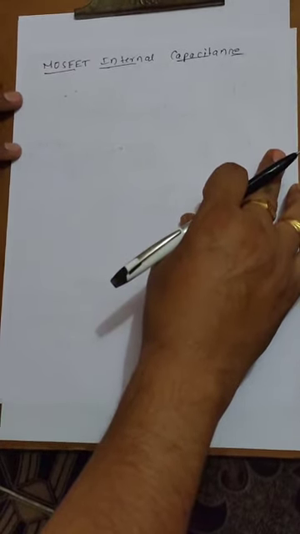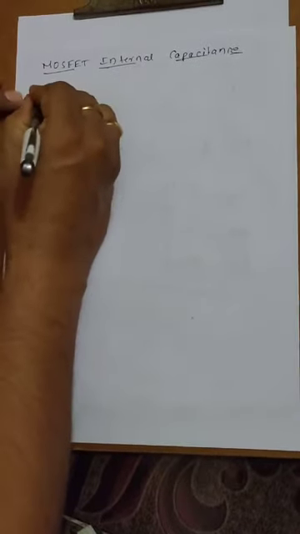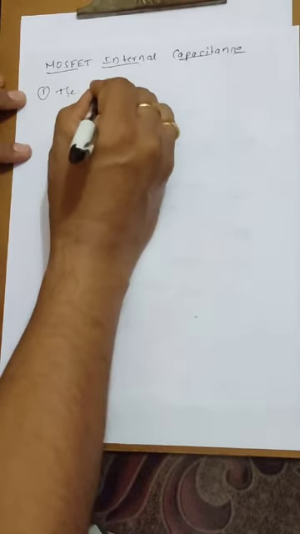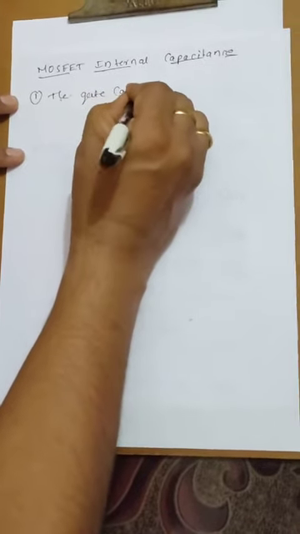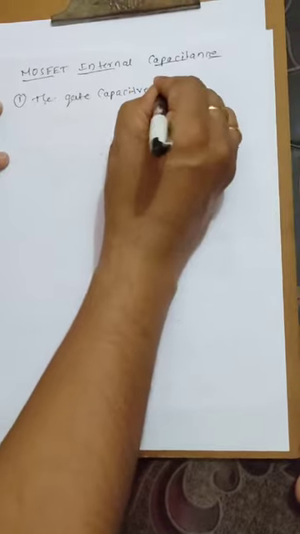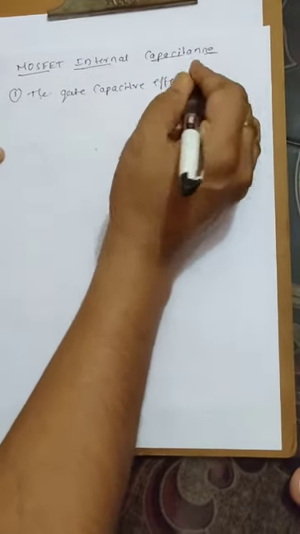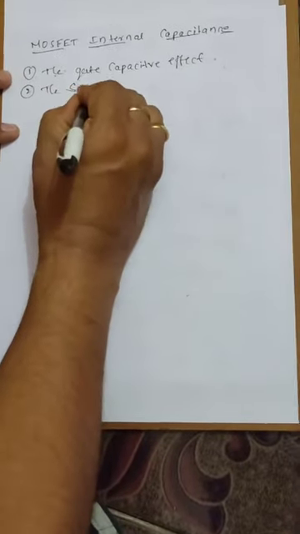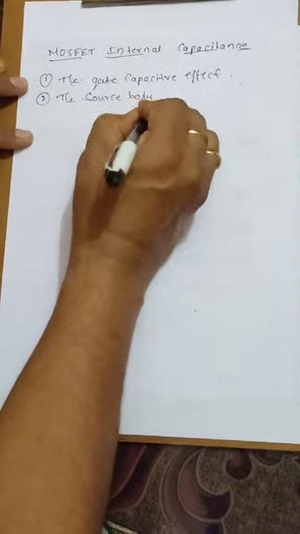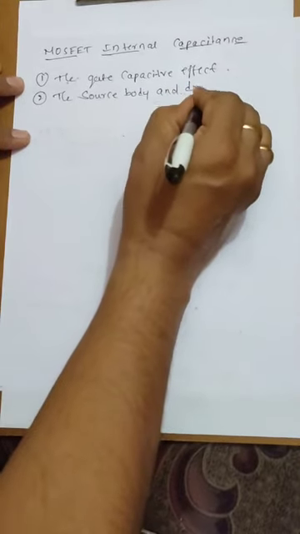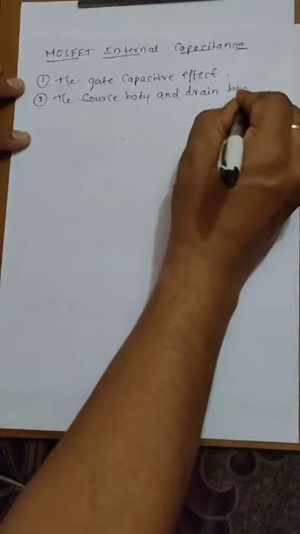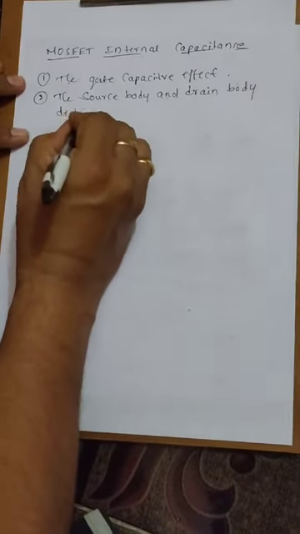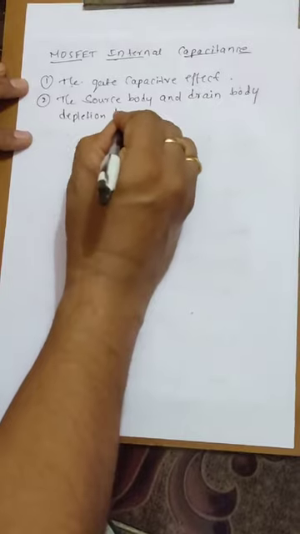The first one is the gate capacitive effect, and the second one is the source body and drain body depletion layer capacitance.